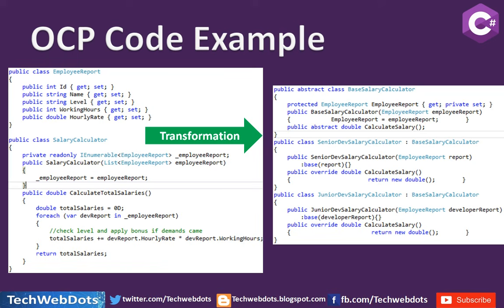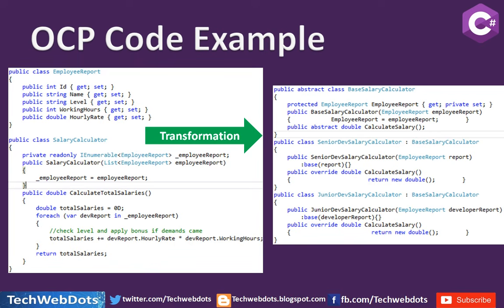So how can we transform this piece of code into SOLID code, meaning open close principle code? We will create an abstract class which is base salary calculator, and in that we will specify the employee report property.